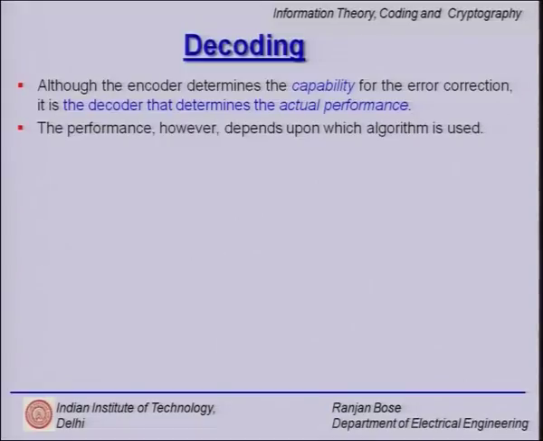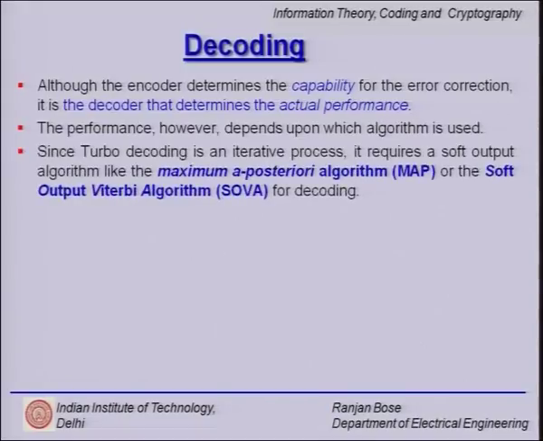So, the performance depends on the algorithm used, and turbo decoding is an iterative decoding process. Please note, this is a basic difference between decoding a Viterbi based convolutional code and these turbo codes. Turbo codes require an iterative decoding process. For example, the maximum a posteriori algorithm, MAP, or the soft output Viterbi algorithm, SOVA, for decoding.